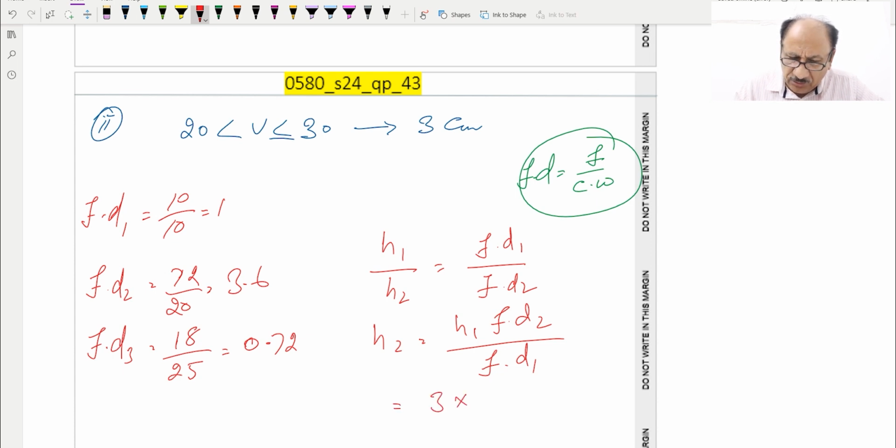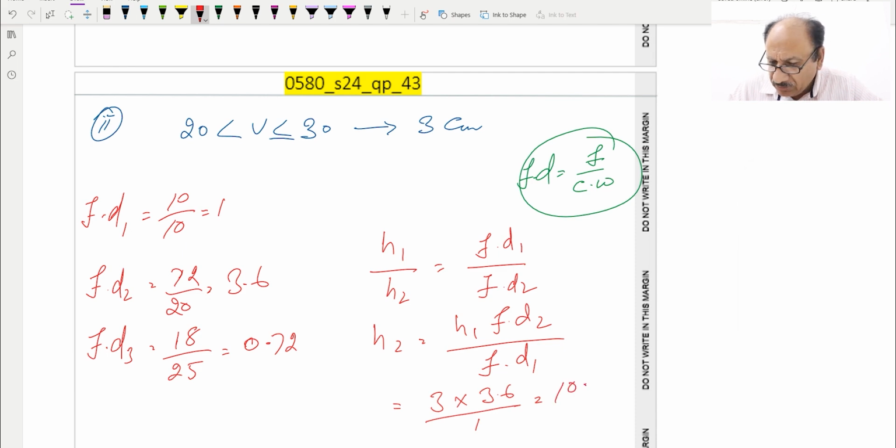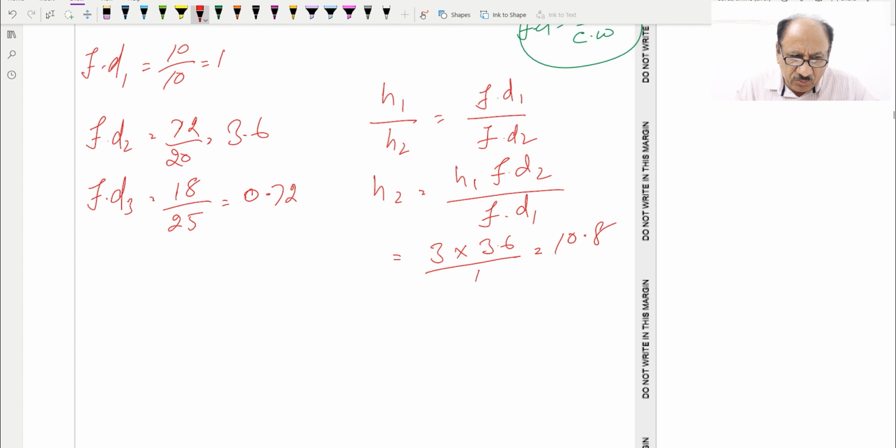H1 is given as 3, into FD2, which we calculated as 3.6, divided by FD1, which is 1. So 3 into 3.6 divided by 1 will not make a difference, so 10.8 will be the answer. This one, from 30 to 50, will have a height of 10.8 centimeters.